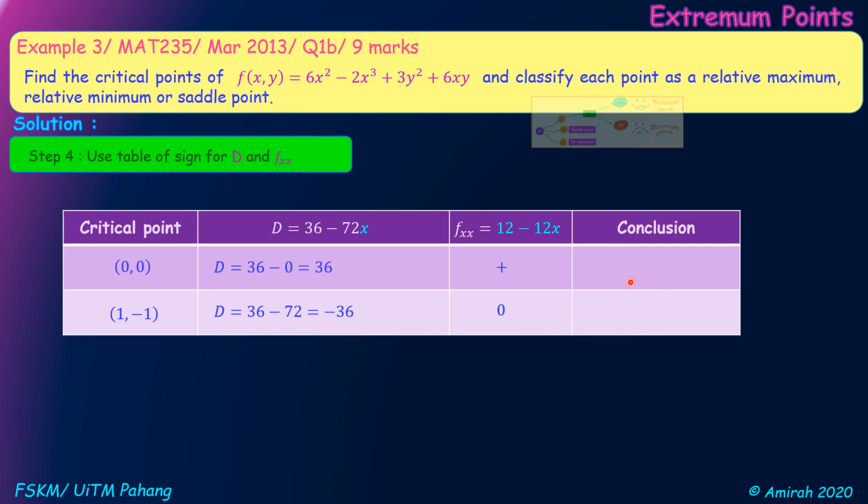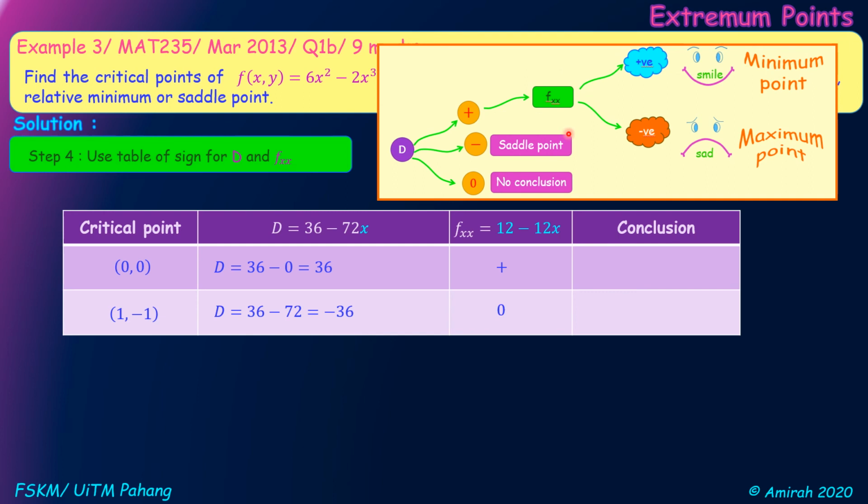Alright, to write the conclusion, we can refer from here. Before that, our D at critical point 0, 0 equals to 36. 36 means positive. So now we have D positive. If D is positive, we need to check fxx.